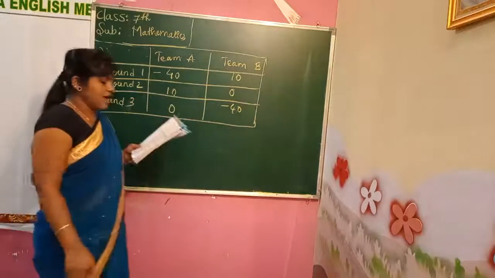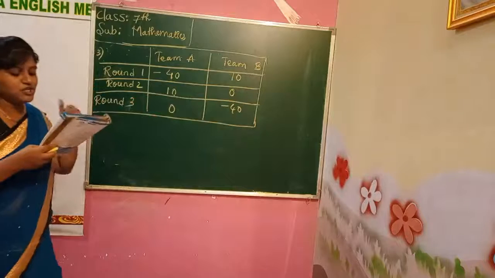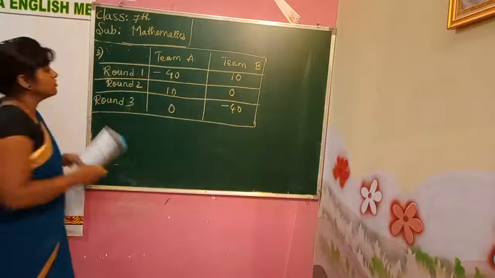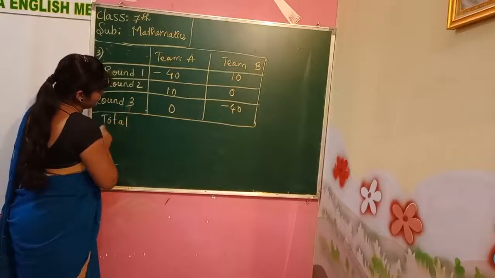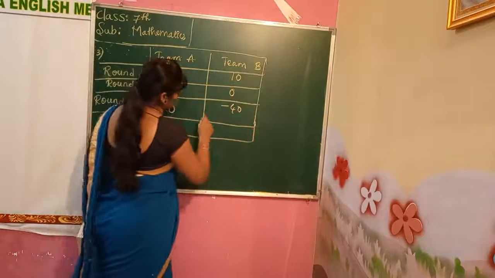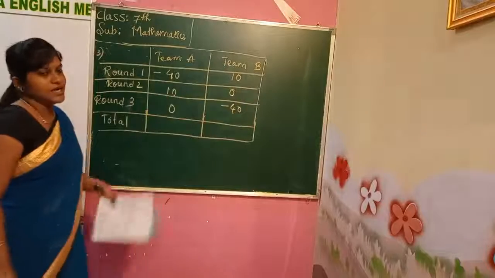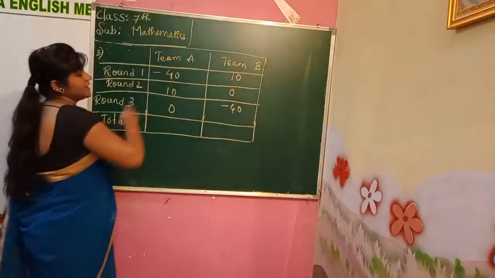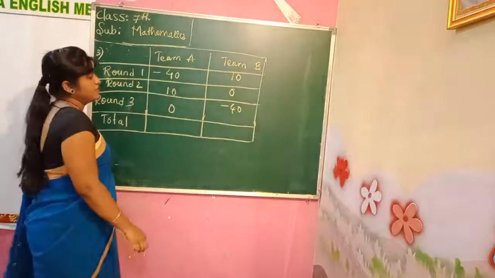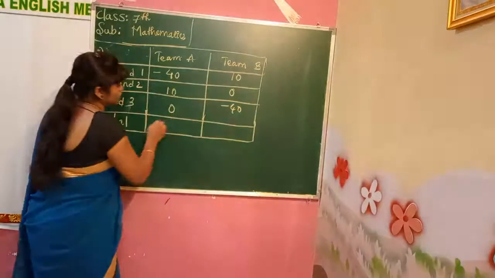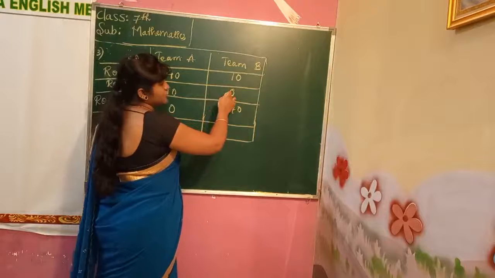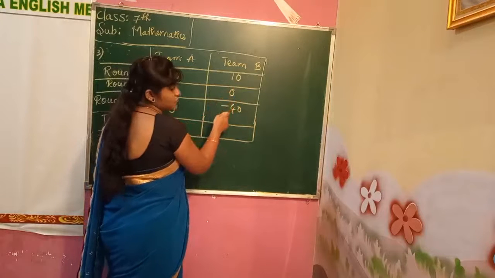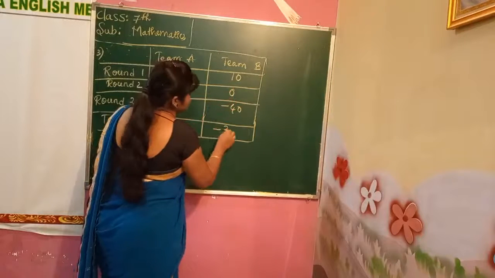Okay, now after doing this one, they are telling which team scored more. What we have to do, we have to just add the total. -40 plus 10 plus 10 will be -30, plus 0 minus 30. Here also 10 plus 0 will be 10 only, 10 minus 40 will be -30 only.